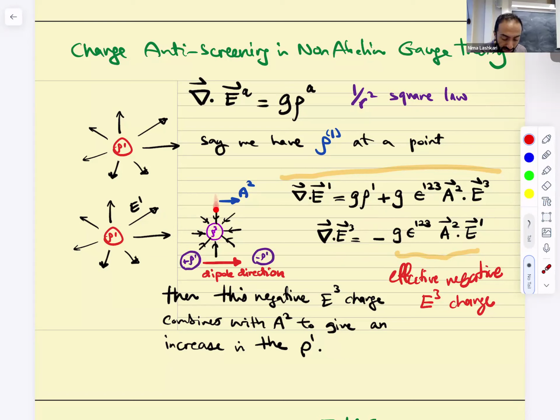This negative rho 3 will have E3 corresponding to it, in these directions, inwards. Now, if your A2 is in this direction, here you have A2 and E3. You're going to pick up a contribution to E1 from here, which looks like, sorry, signs are flipped.